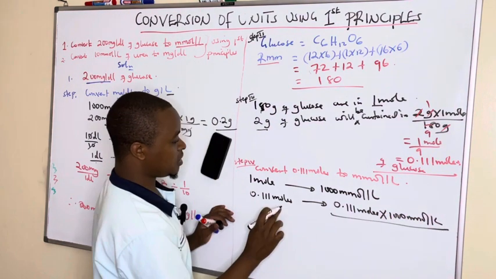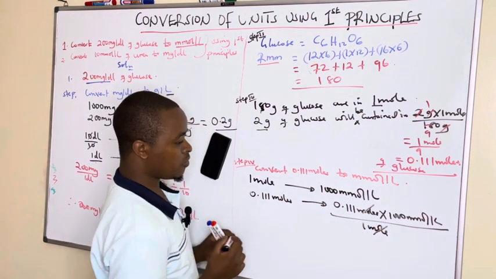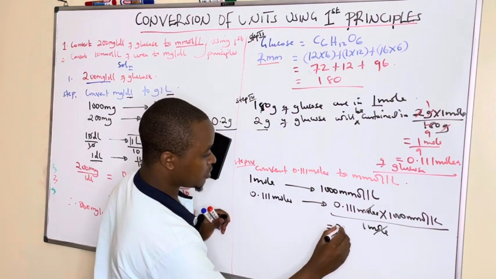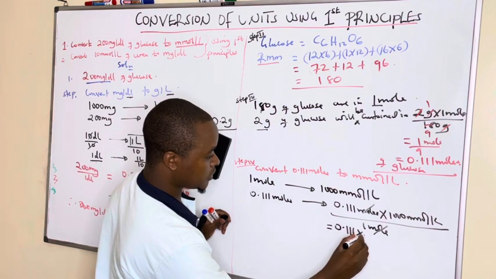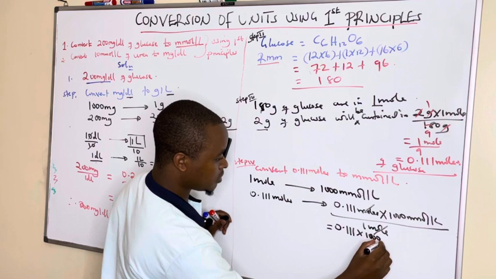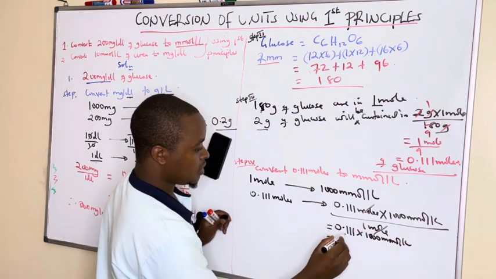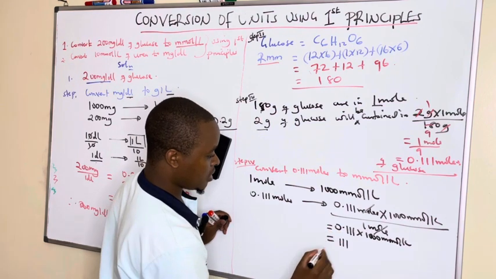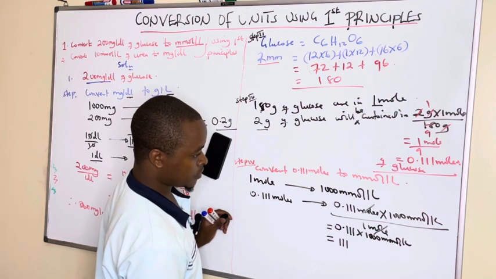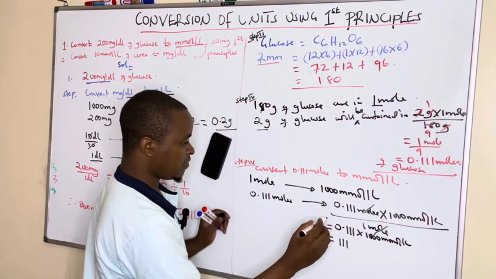We cross multiply this times this, then divided by 1 mole, and mole will go with the mole, and we are remaining with 0.111 times 1,000 millimoles, and this one will give us 110. We are multiplying by 1,000, and this one will give us 11.